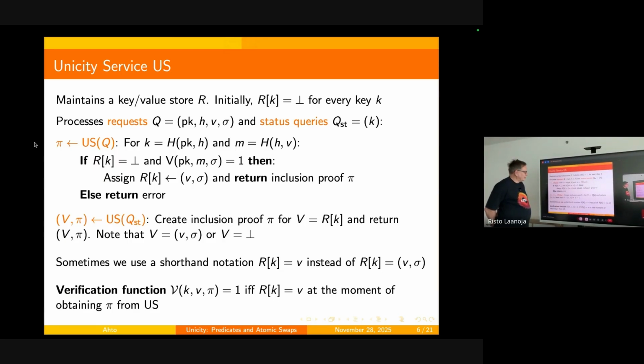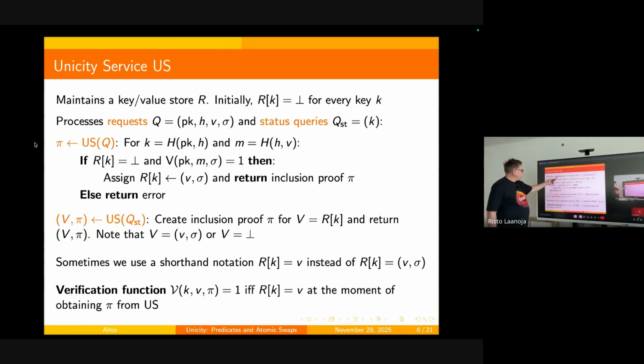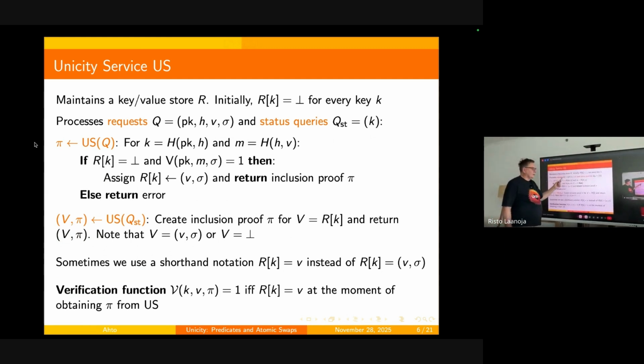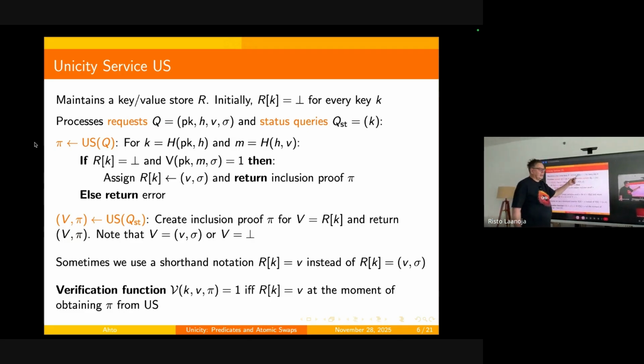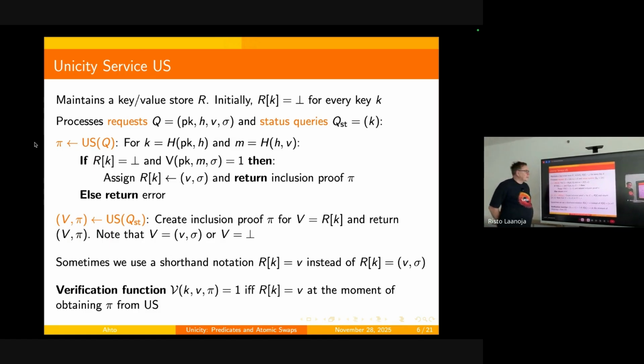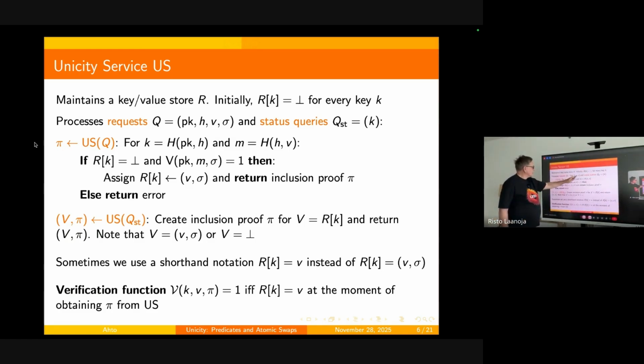Let's talk a bit about this Unicity service itself. It just maintains a key value store. We denote it by R, and initially it's totally empty. Nothing is stored at any key, and the only way something changes in this R is that the service receives requests.